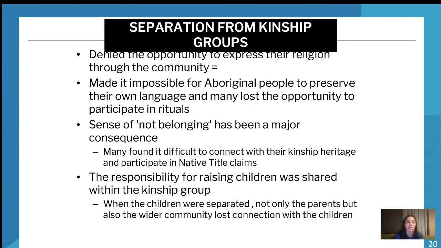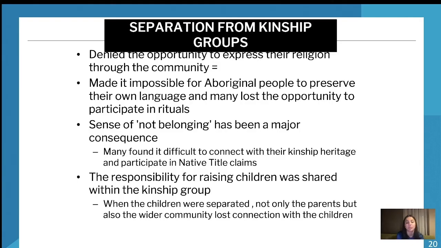Separation from kinship groups was the denial of the opportunity to express their religion and their spirituality through their community. It made it impossible for Aboriginal people to preserve their own language, and many lost their opportunity to participate in rituals. And like we saw before, the nature of dreaming is through ceremonies and through the rituals. So that creates that sense of not belonging, and that's been one of the most major consequences.